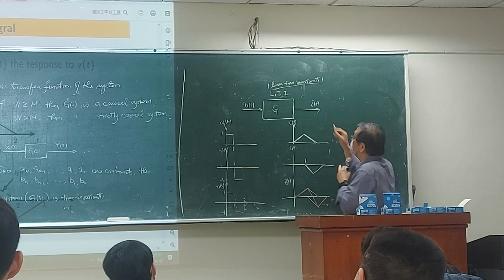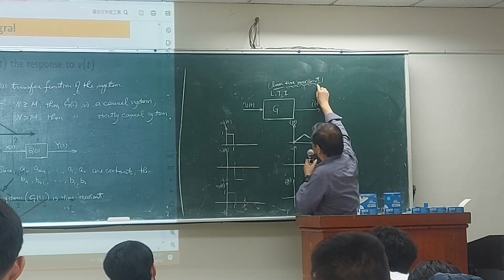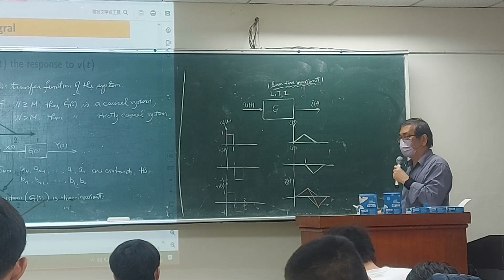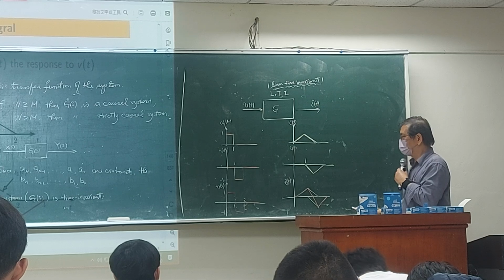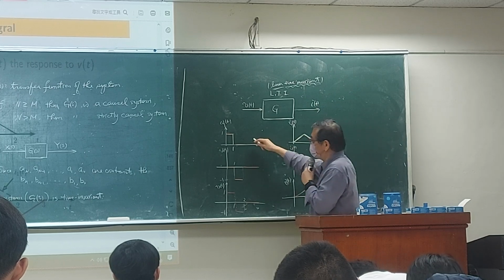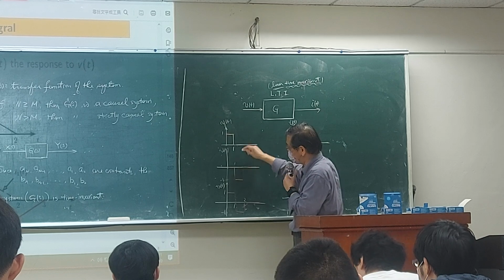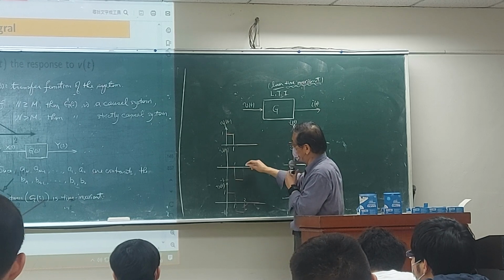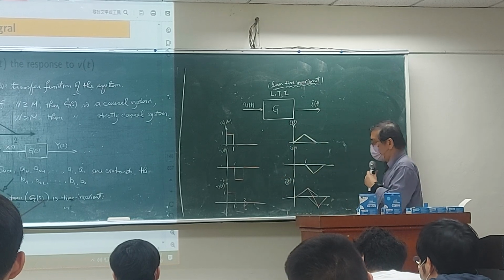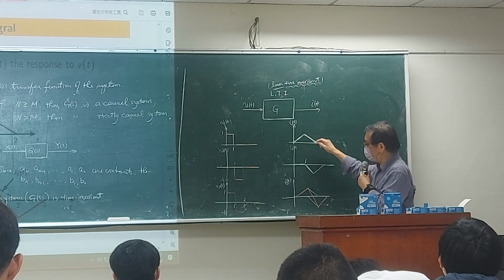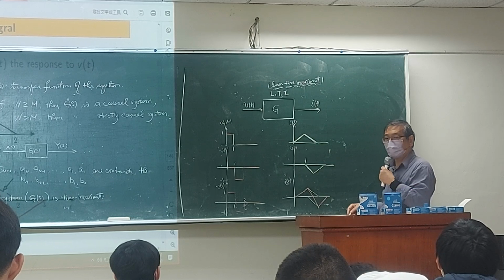Okay? That is due to the time invariance. So if I have a signal which is the sum of V1 and V2, then the output will also be the sum of I1 and I2. Okay?